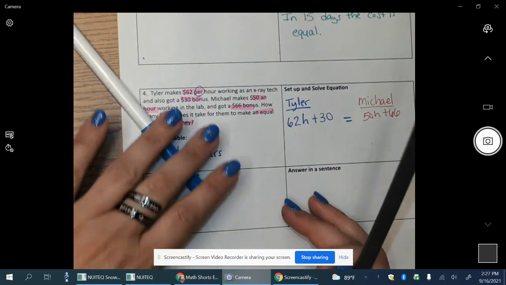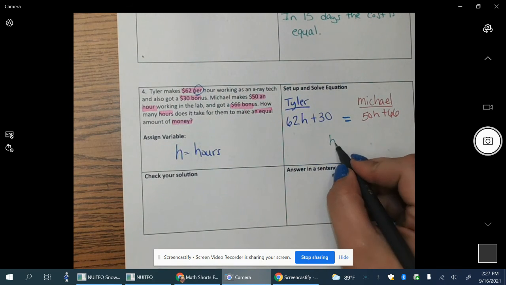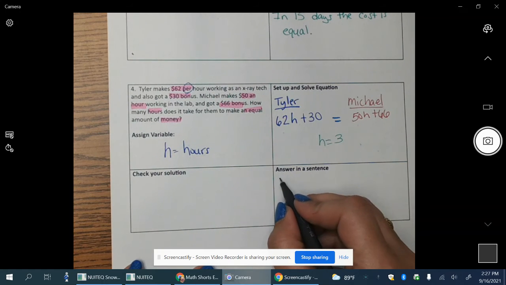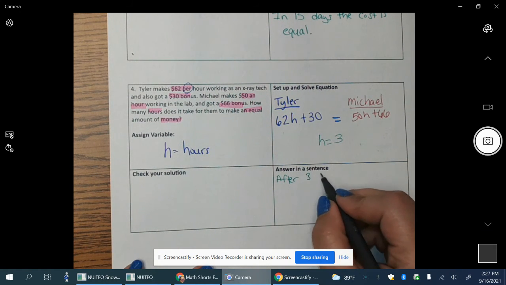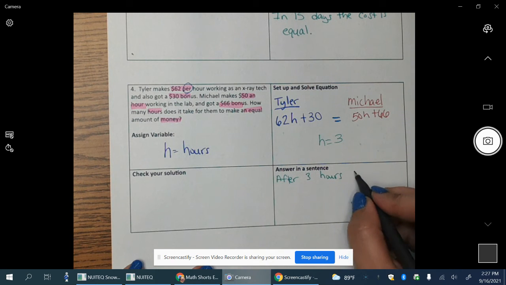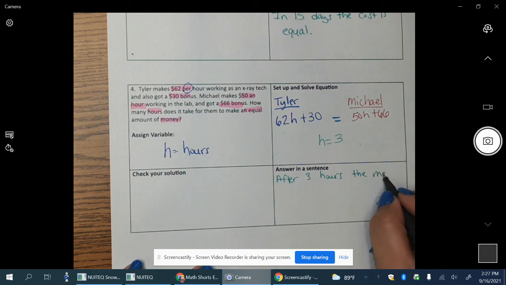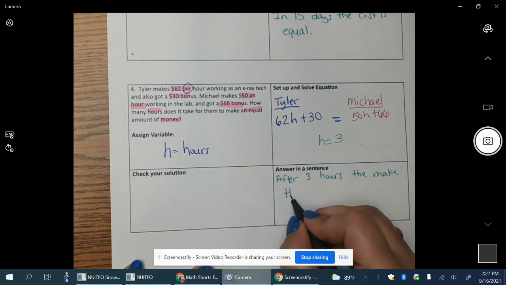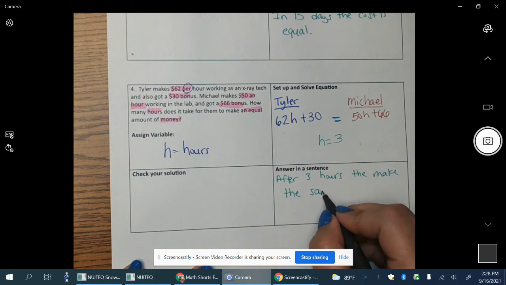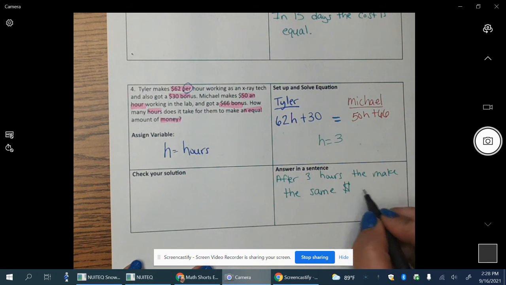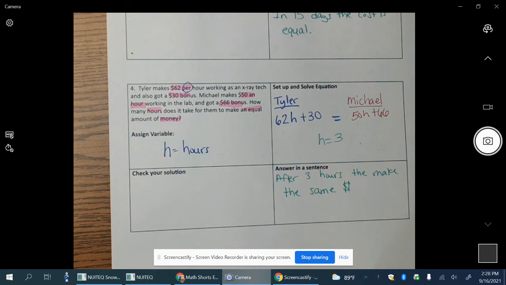What does a 3 mean? It takes 3 hours for them to make the equal amount of money. Okay, so in 3 hours, they make the same pay. And again, you could plug it in, you could check it. I'm not going to make y'all do that.